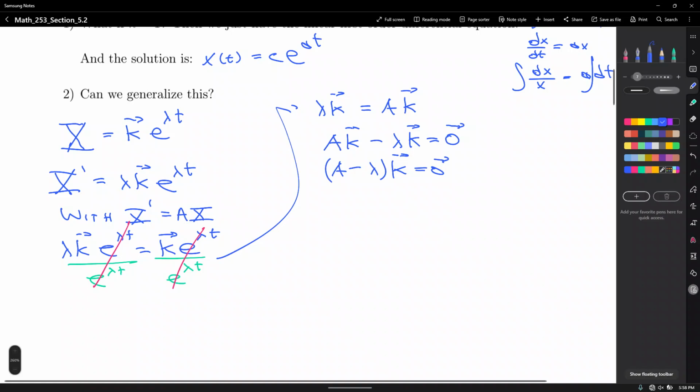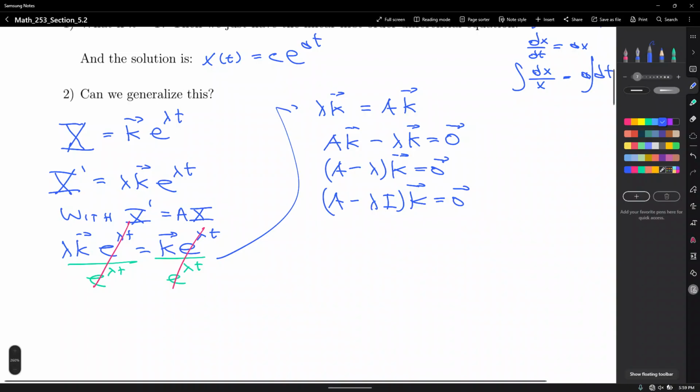What's the number 1 in matrices? What's the unit in the matrix system? The identity matrix, right? So A minus lambda I times k equals the 0 vector.